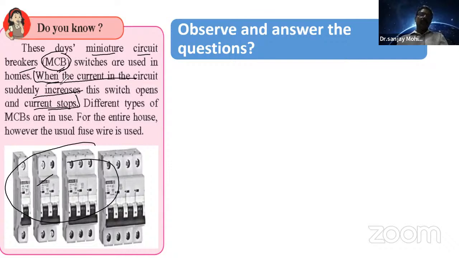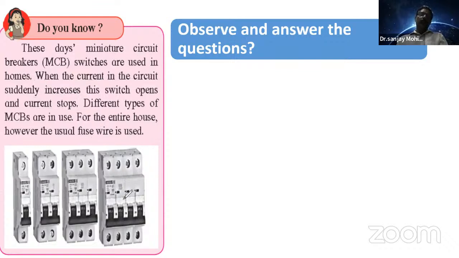So see here, this is actually the principle of MCB: when the current in the circuit suddenly increases, the switch opens and the current stops. And there are different types of MCB. You can see single, double, triple, and four-pole ones. So this is the alternative for the fuse wire. This is one type of fuse itself.